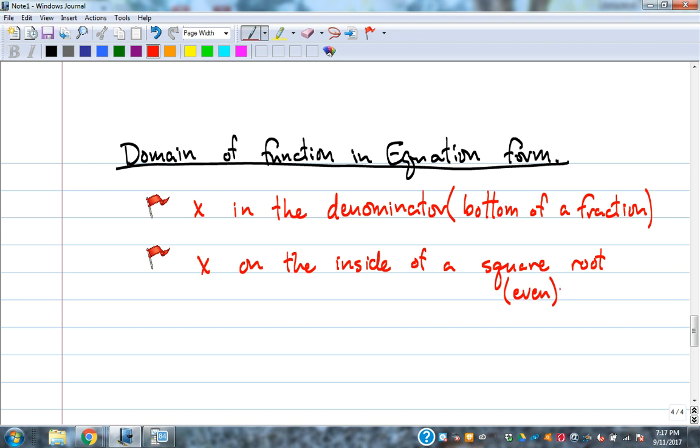Even root, that'll be something we'll talk about when we get into 110. Okay? Those are the only two red flags that you got to look for. You're looking for x's in the bottom of a fraction or x's on the inside of a square root. If you see those things, you got to do something about the domain. Otherwise, the default for domain, if there are no red flags, no red flags.